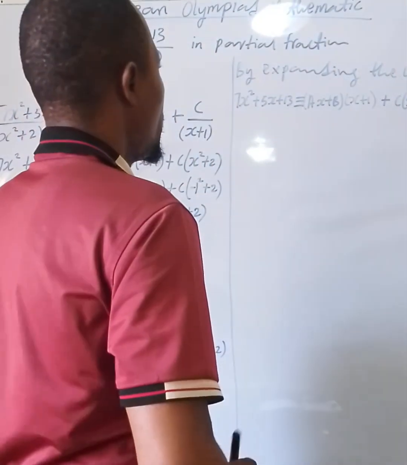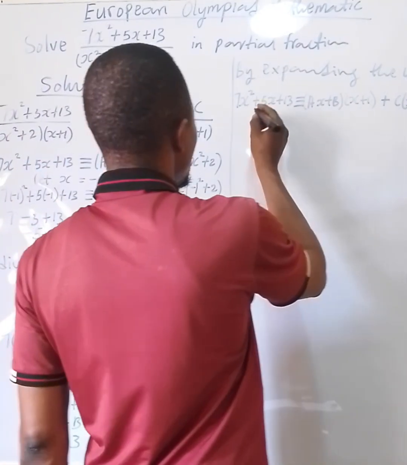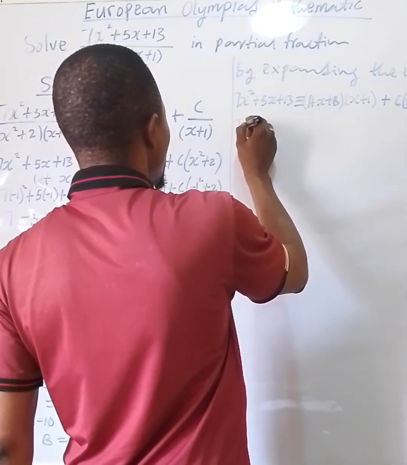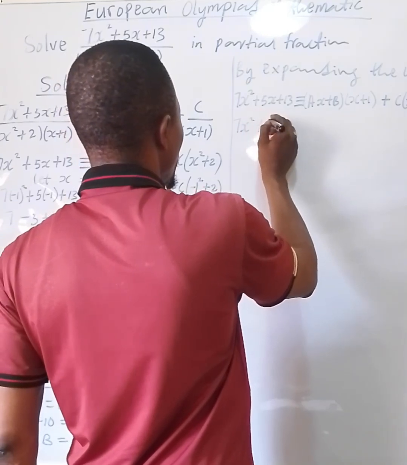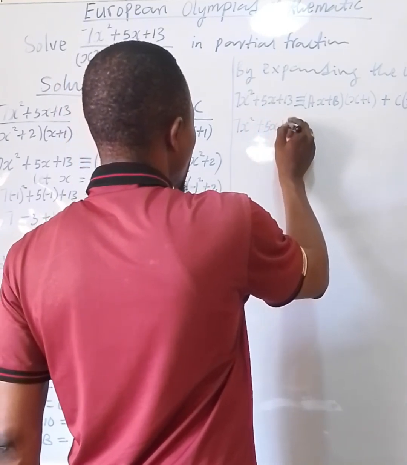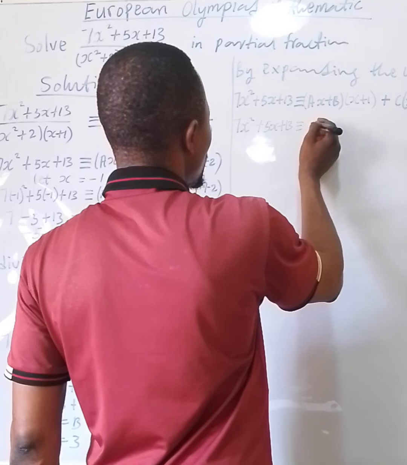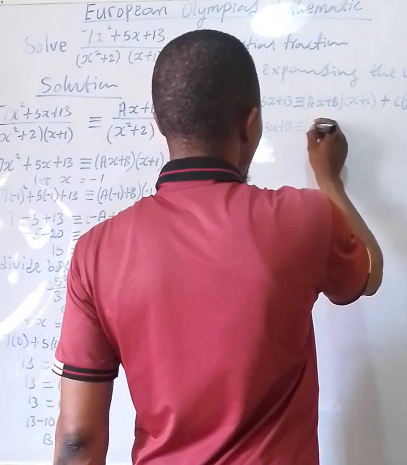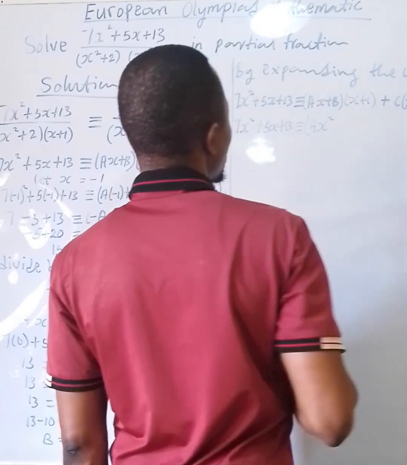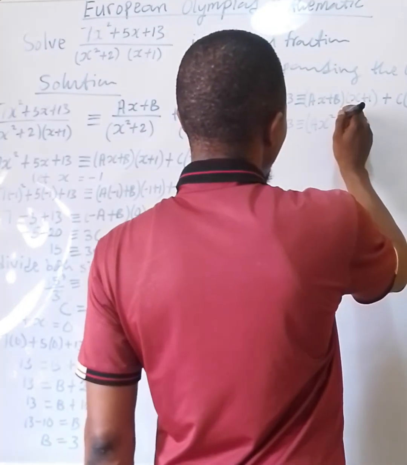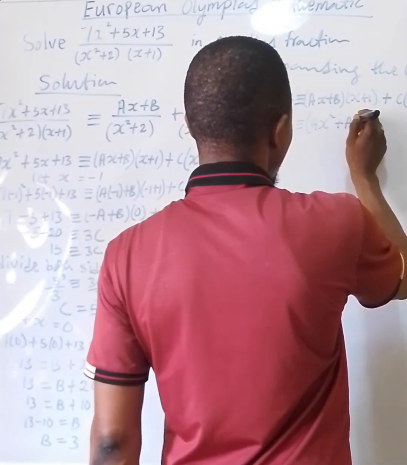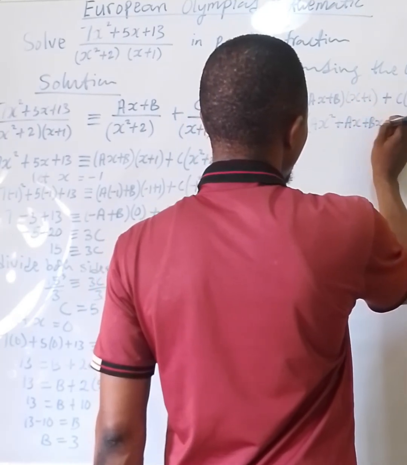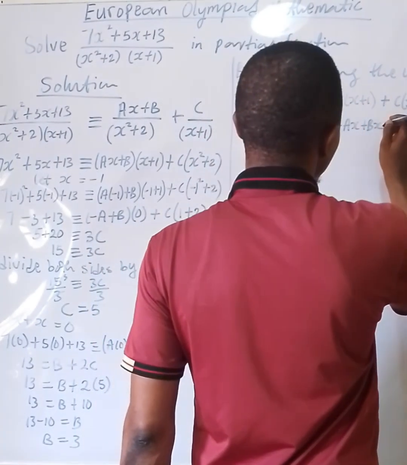Are we together? Now we open the bracket. So now it will give us 7x squared plus 5x plus 13 equivalent to ax times x will give us ax squared. ax times 1 will give us plus ax. b times x will give us plus bx. b times 1 will give us plus b.